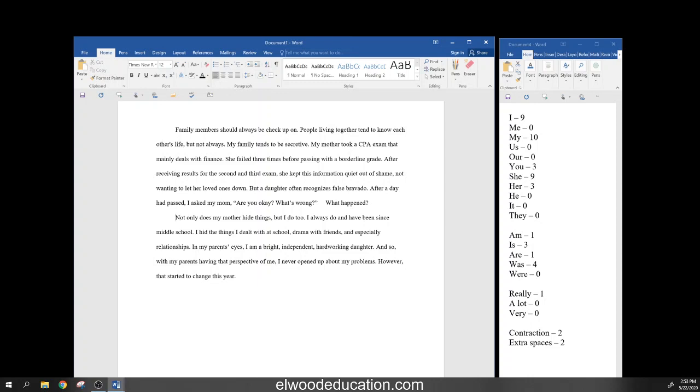Okay, so then in the next paragraph I have, not only does my mother hide things, but I do too. I always do and have been since middle school. Not only does my mother hide things, but I do too, and have since middle school. So I got rid of one of the I's there. I hid the things I dealt with at school, drama with friends, and especially relationships.